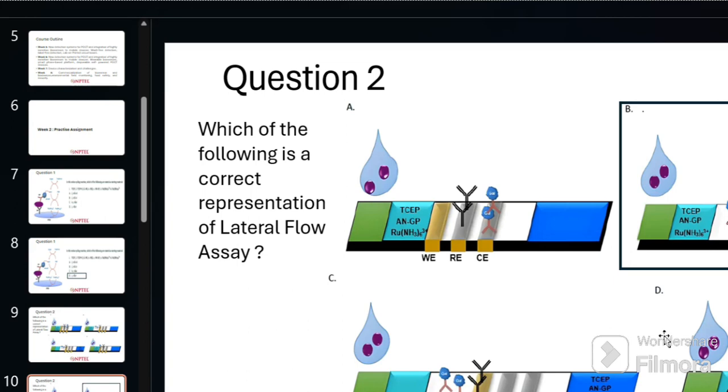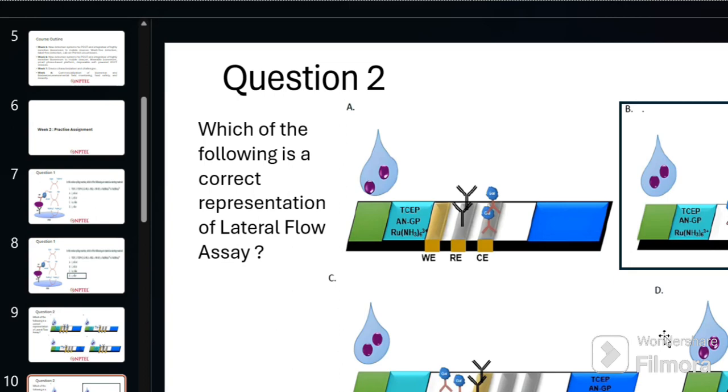Then to the target analyte, the labeling antibody will attach, and the entire mass will be taken over to the working electrode, and the working electrode will identify it.